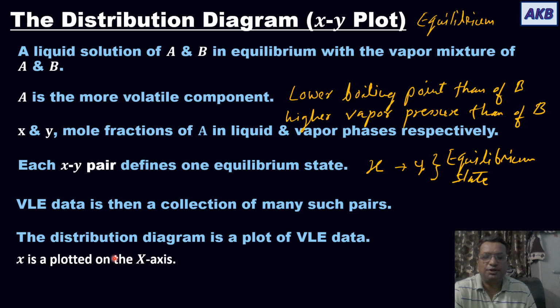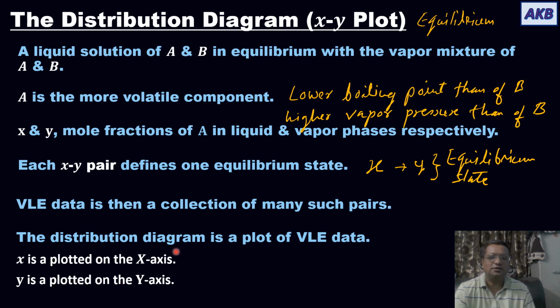So how the plot is drawn: X, that is mole fraction of A in the liquid phase, is plotted on x-axis, and the equilibrium Y values, that is mole fraction of A in the vapor phase, is plotted on y-axis.